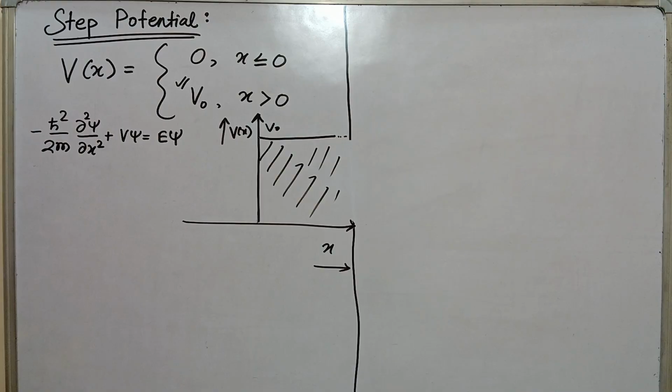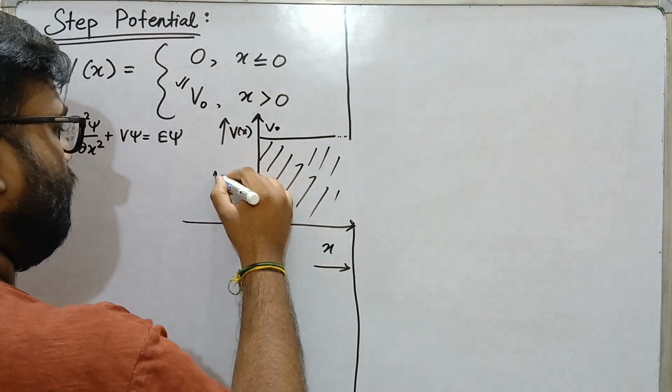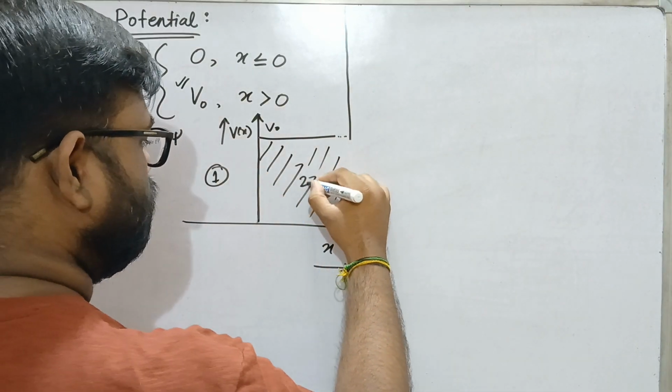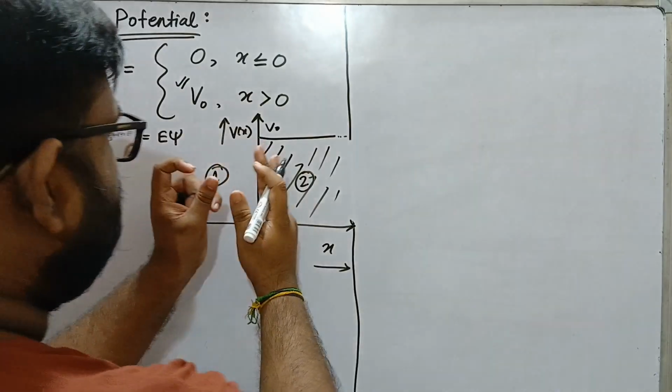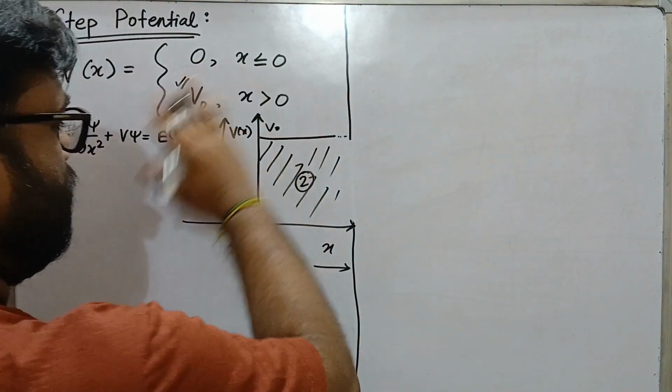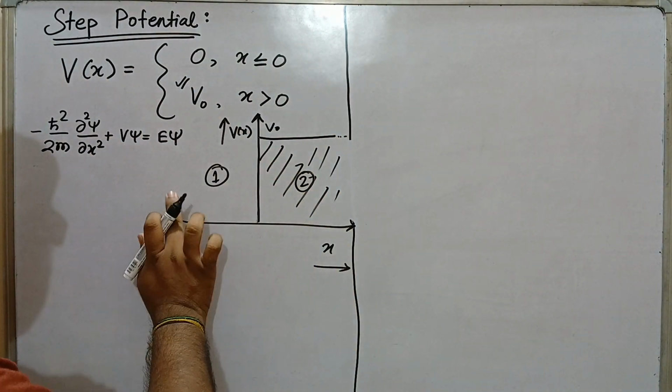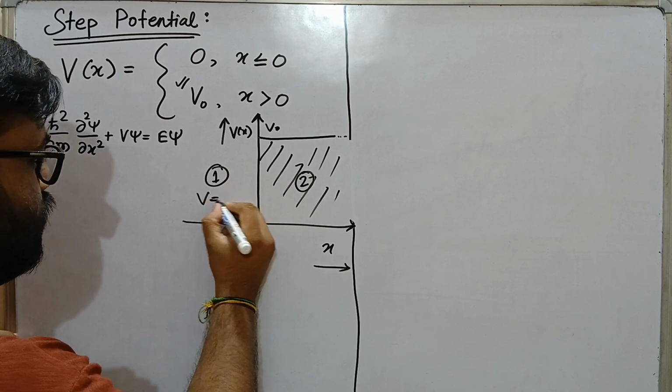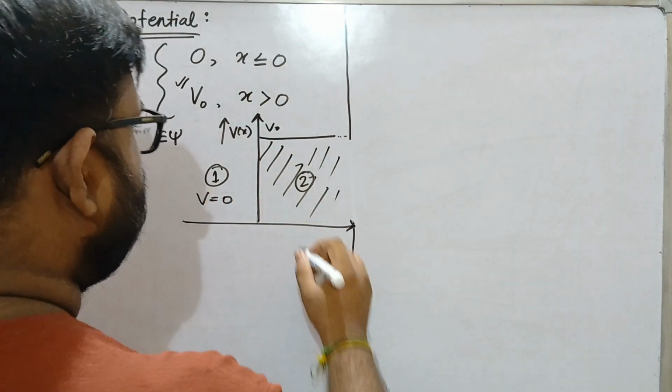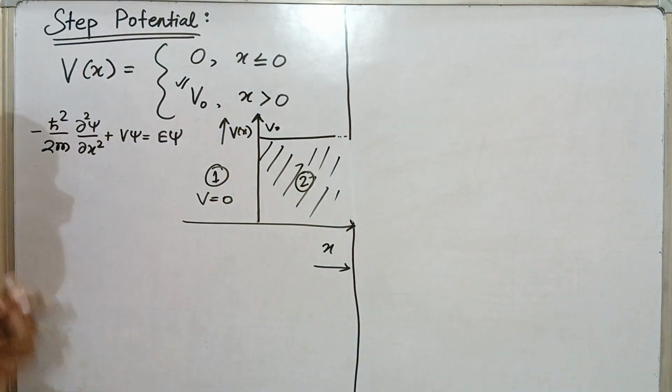This is part 1, this is part 2. The problem is divided into two parts of the step potential: one is this part where the potential is 0, and this is the part where the potential is V0.